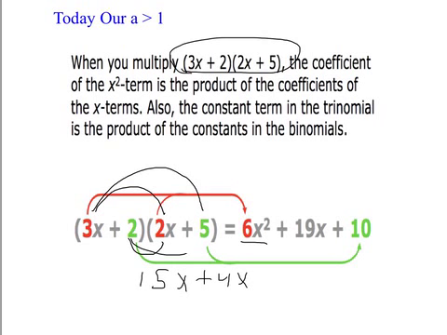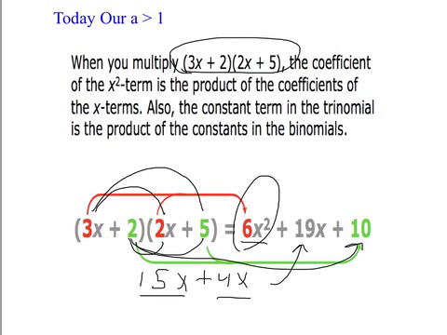And then, of course, 2 times 5 gives me the 10, which is what I have right there. Now, notice the sum of these two will equal that 19x. We're going to use this idea to factor when my leading term is other than 1.